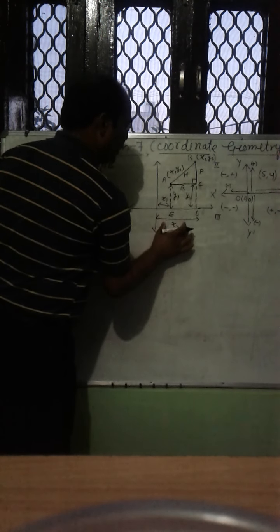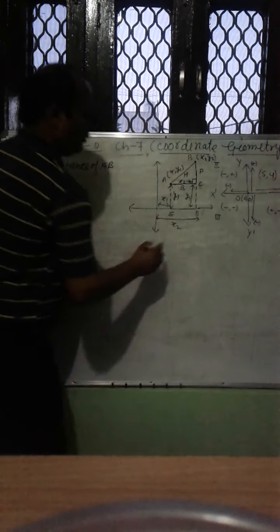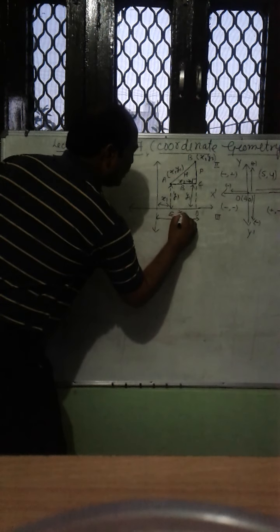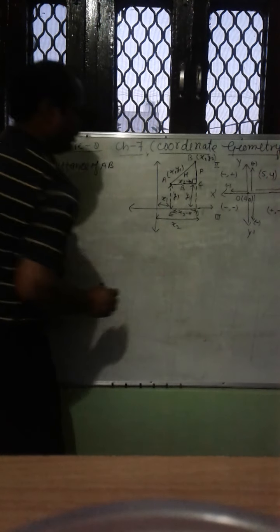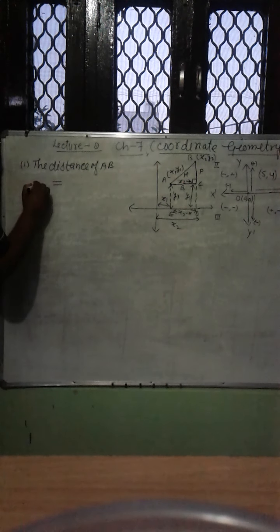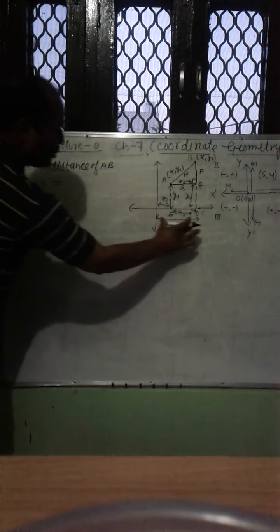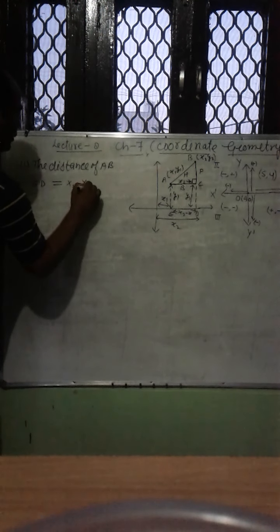So this distance ED is equal to x2 minus x1.